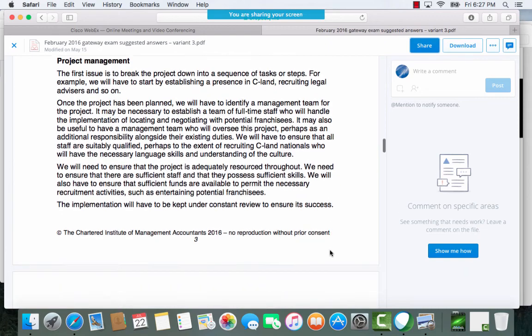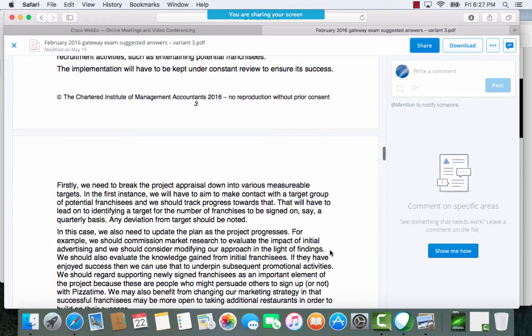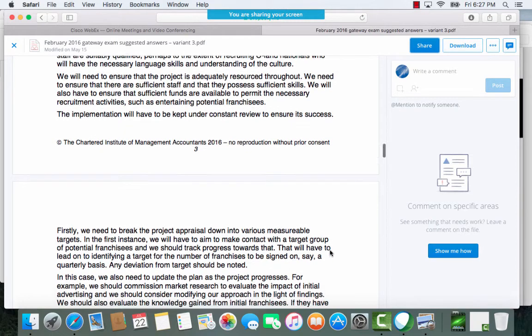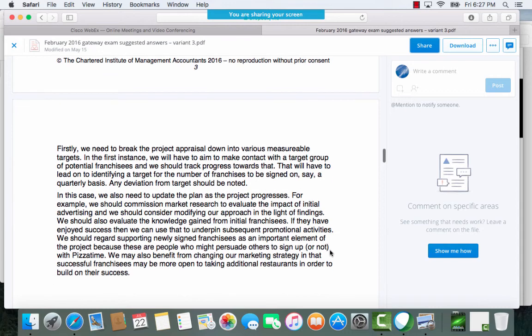And then you look at, do we have the necessary skills? Is it properly resourced? And then planning, and then you also need to talk about the stakeholders in the project and how to engage all of them.